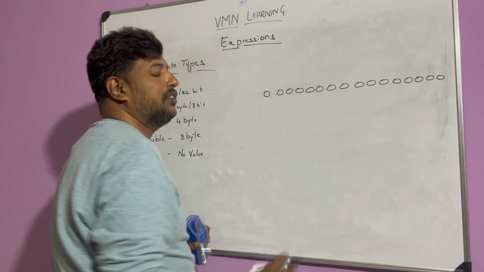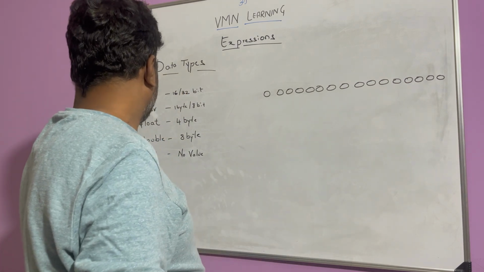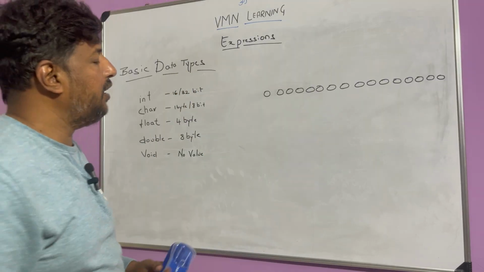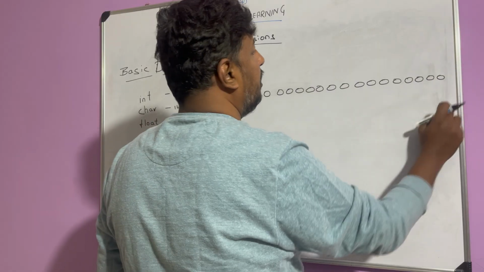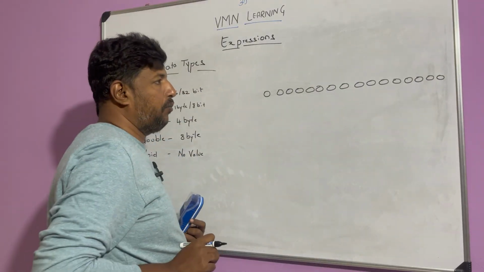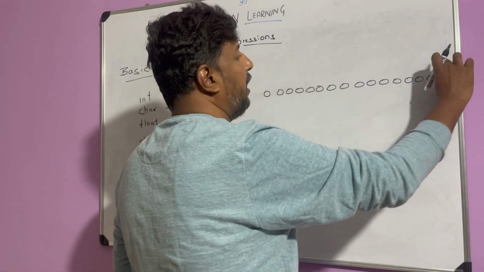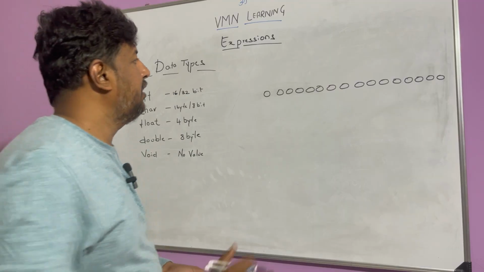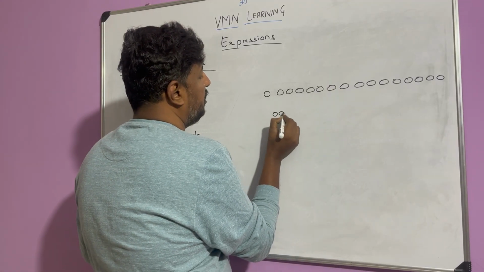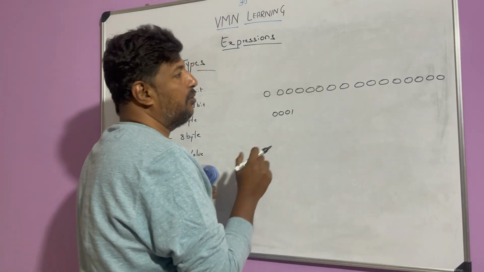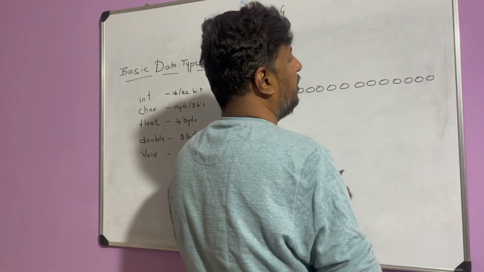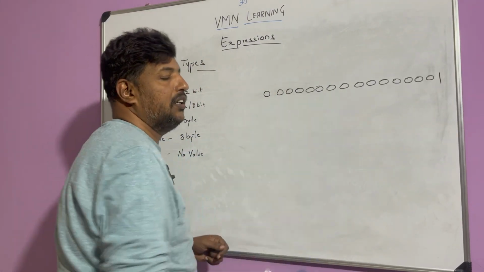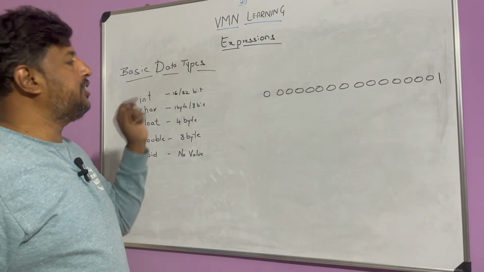This is your 16-bit machine. If you say int, a 16-bit number will be saved for that int. This much big value will be stored. So what is 1 in binary? It's 0001, right? It will be stored like this in the memory.